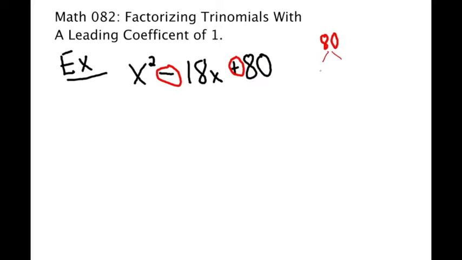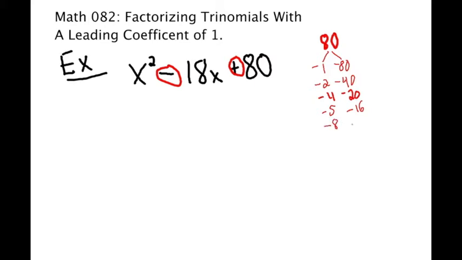So let's start listing the factors. So we know negative 1 and negative 80. We know negative 2 and negative 40. Negative 4 and negative 20. Negative 5 and negative 16.